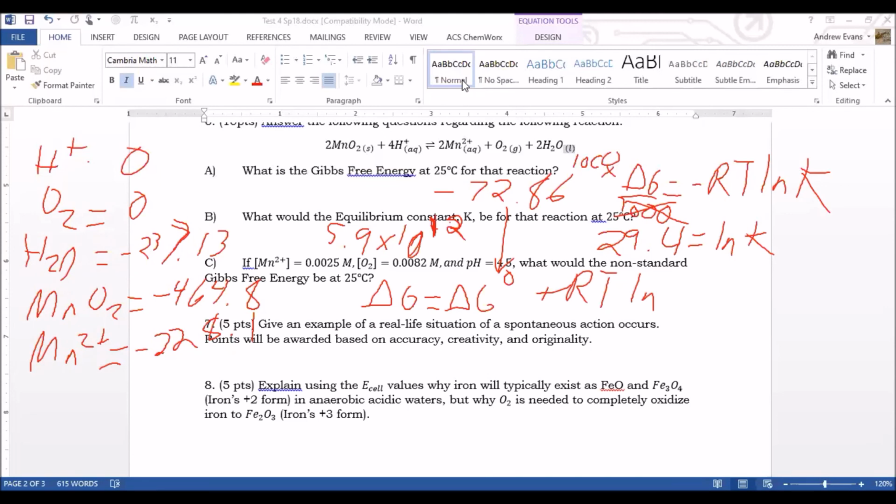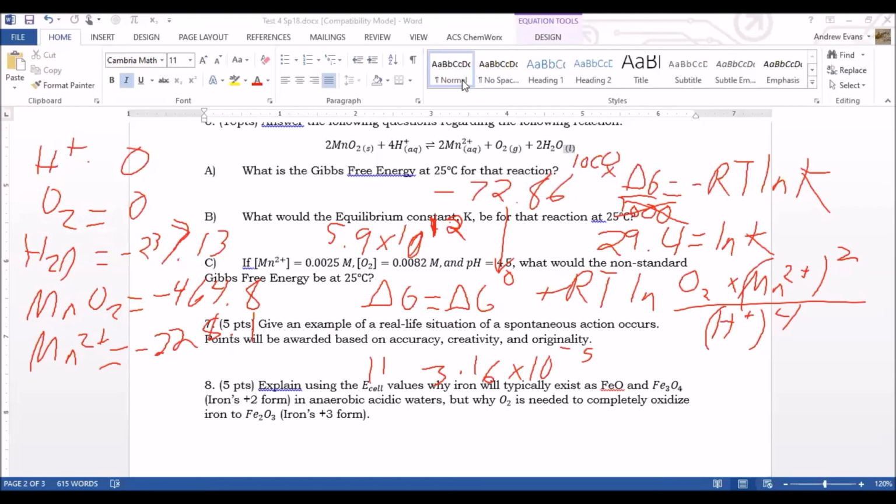So products O2 times Mn2+ squared over H+ to the fourth. And how do you find H+ from pH? We take 10 to the negative pH. So H+ for this number, 4.5, is 3.16 times 10 to the negative fifth.